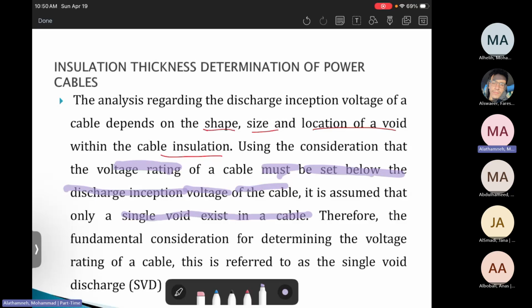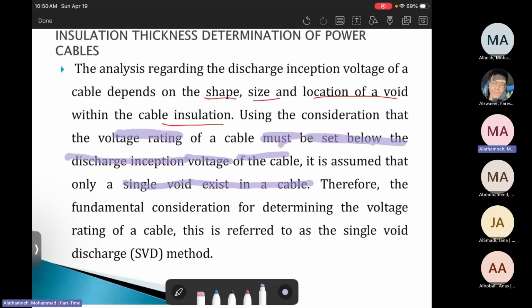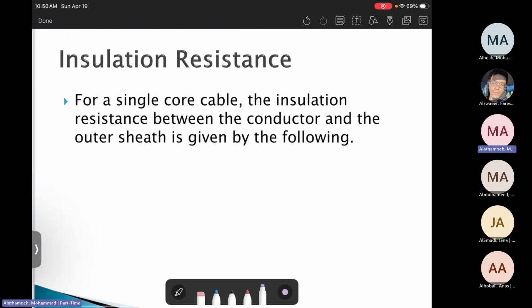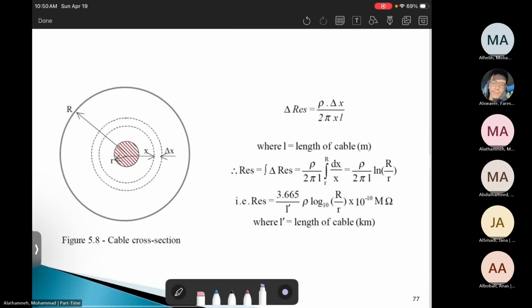Therefore, the fundamental consideration for the determination of the voltage rating is the SVD, which is the single void discharge method. Insulation resistance for a single core cable: the insulation resistance between the conductor and the outer sheath is given by the following.